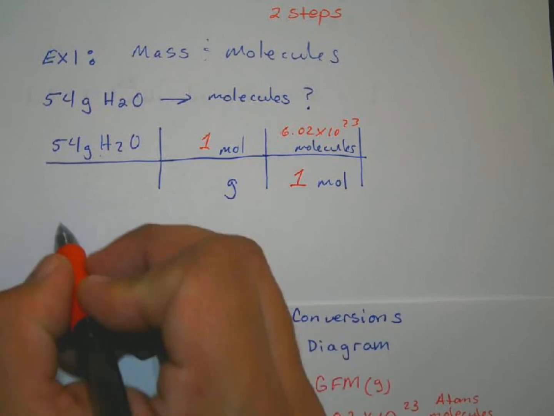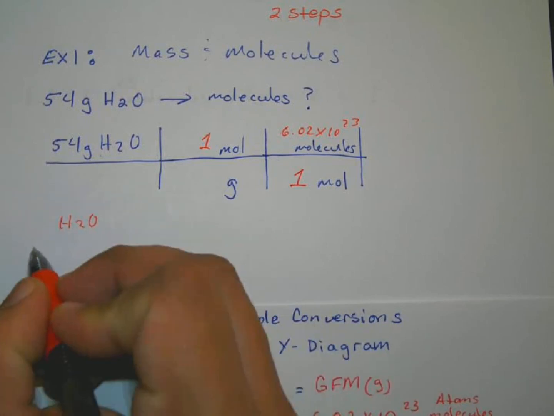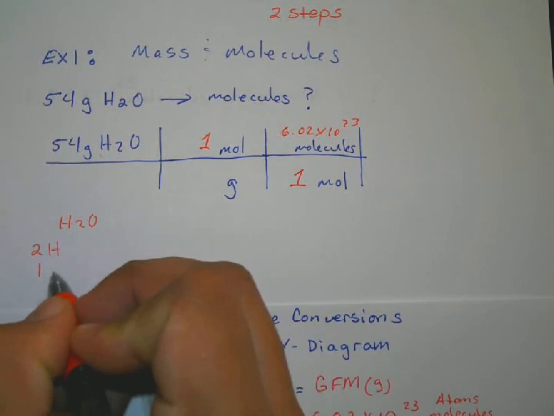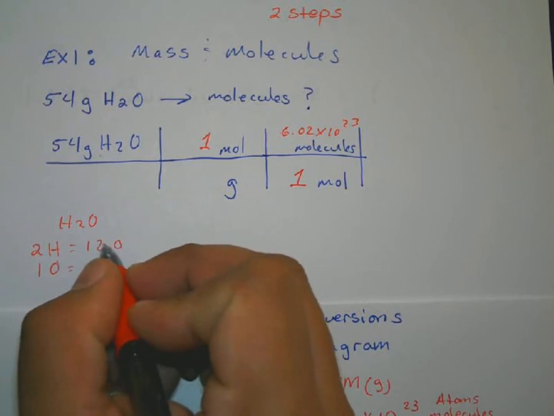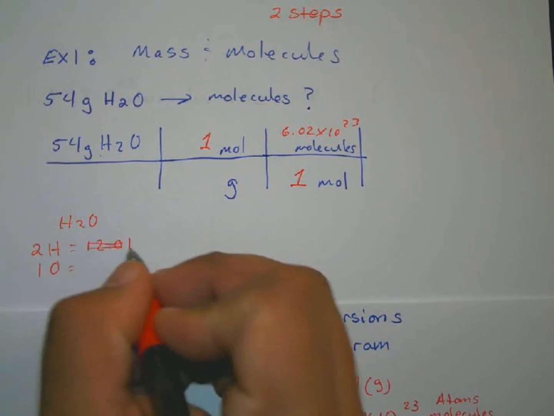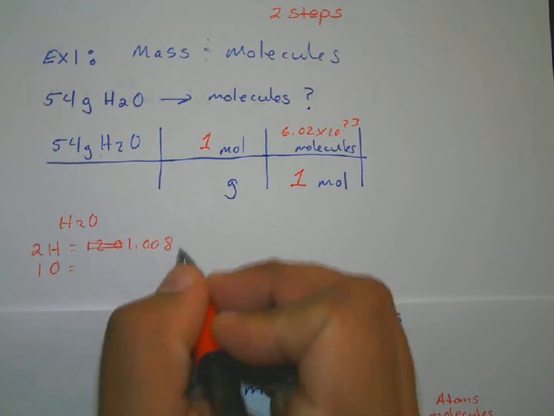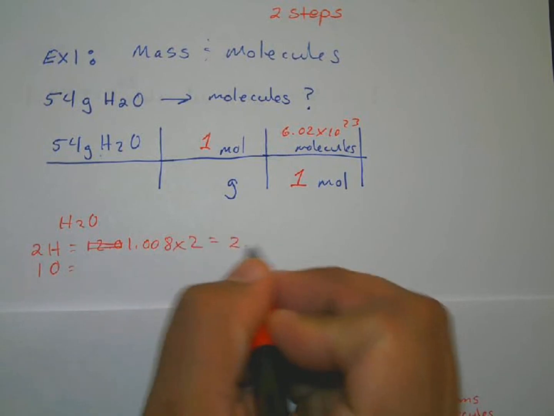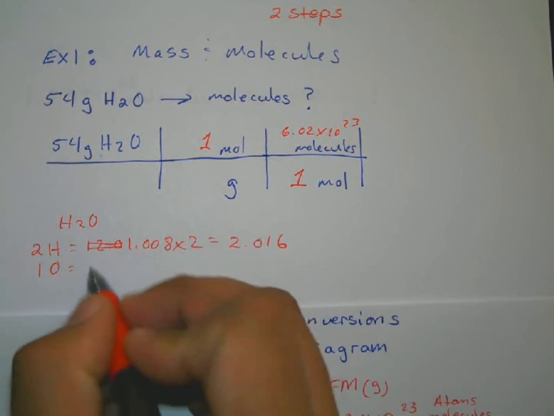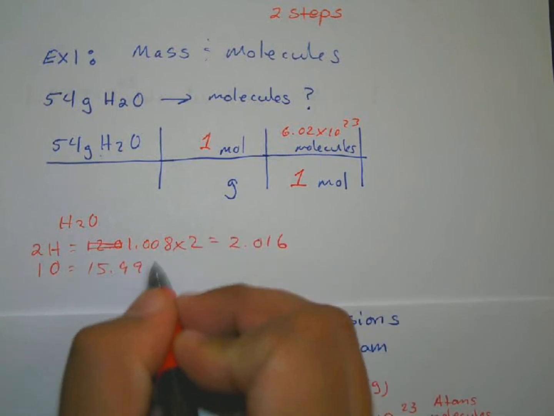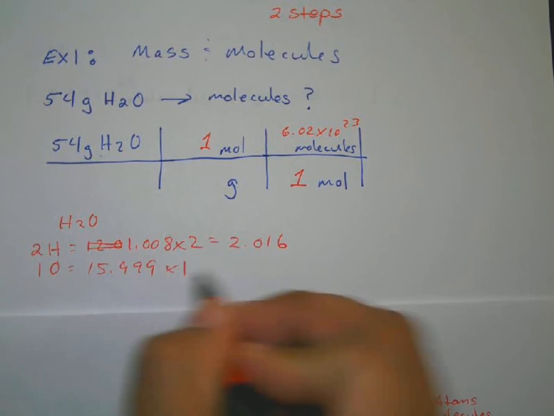I'm dealing with H2O. That means I have 2 H's and 1 oxygen. I know that hydrogen weighs 1.008 times 2, so that gives me 2.016. Oxygen weighs 15.999. I only have 1 of those.